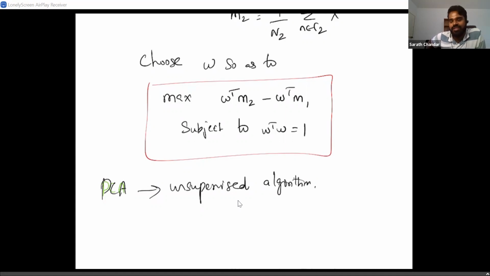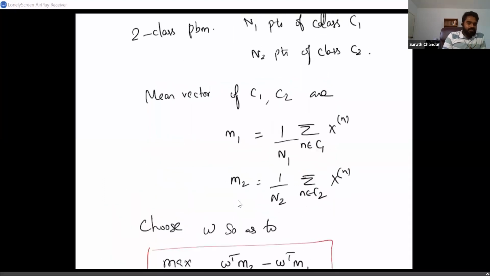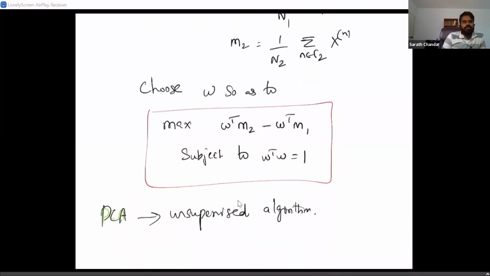It just considers X. There's no place in PCA where we used Y. On the other hand, for this particular optimization function, let's just call it M1 for the sake of naming it, it's a supervised algorithm.